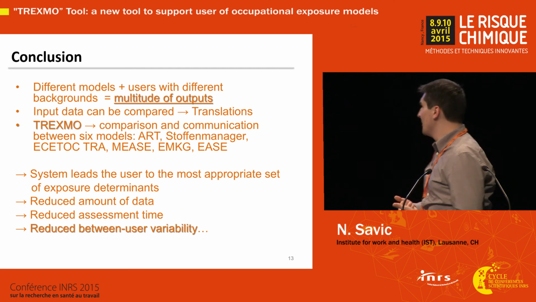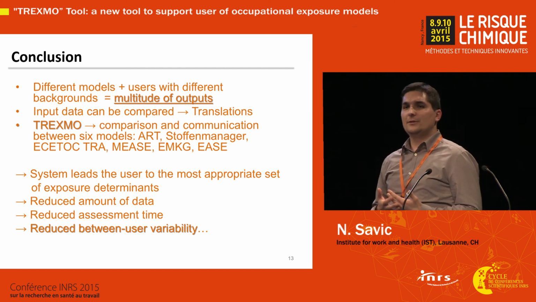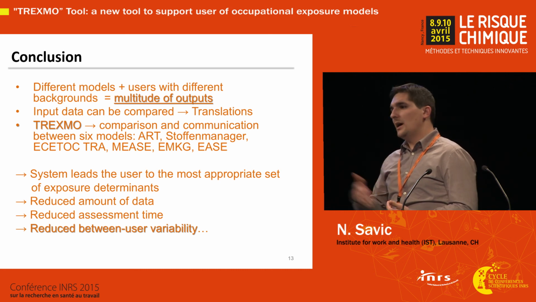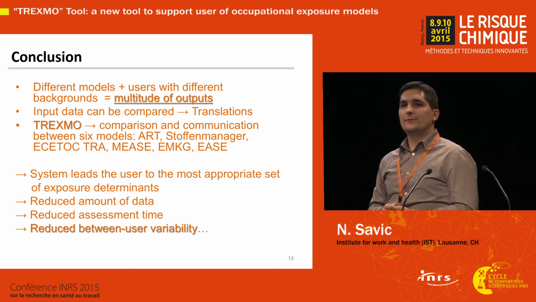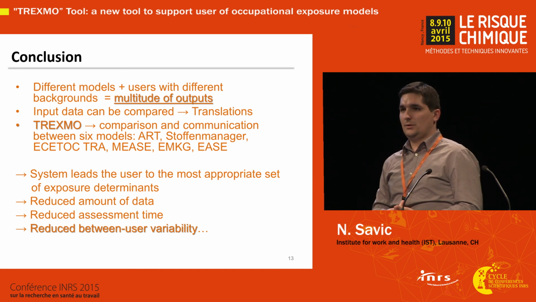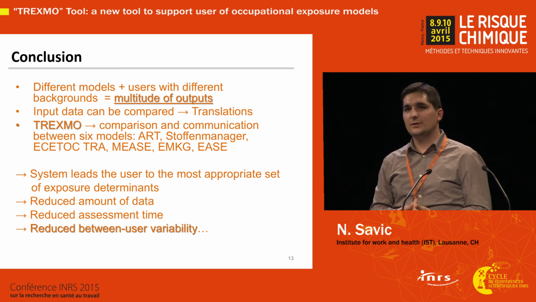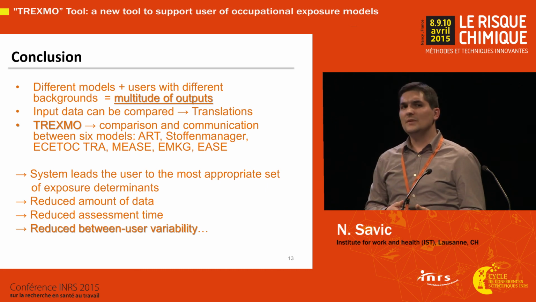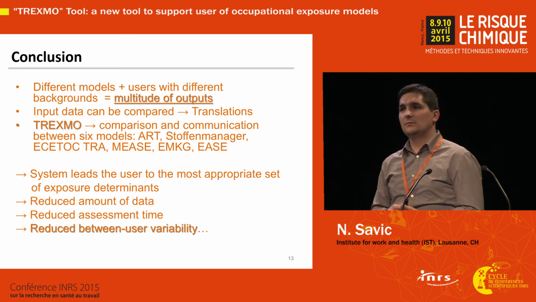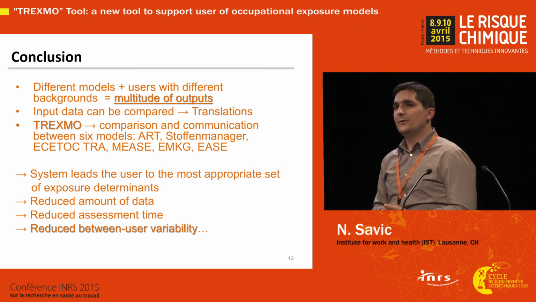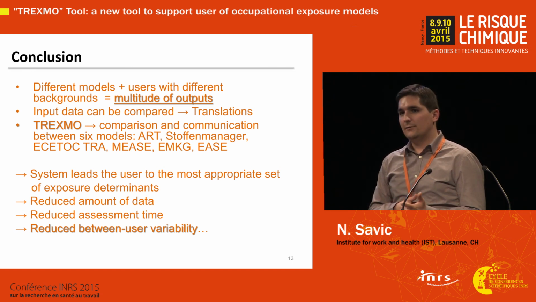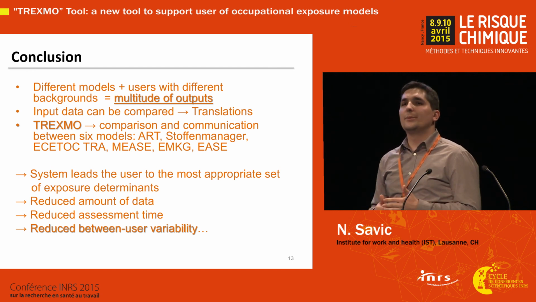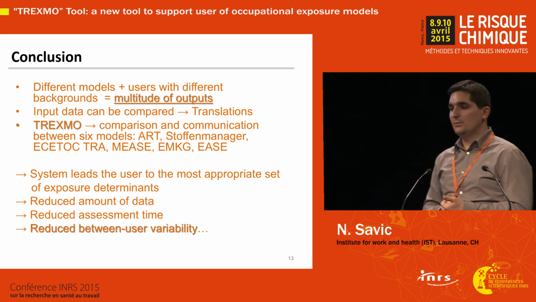And for conclusion, we will see that we have different models because they are all different, and on the other side users with different levels of knowledge and experience in using these models. We can always expect a multitude of results and some variability for outputs and for making decisions in selecting the most appropriate set of inputs for these models.